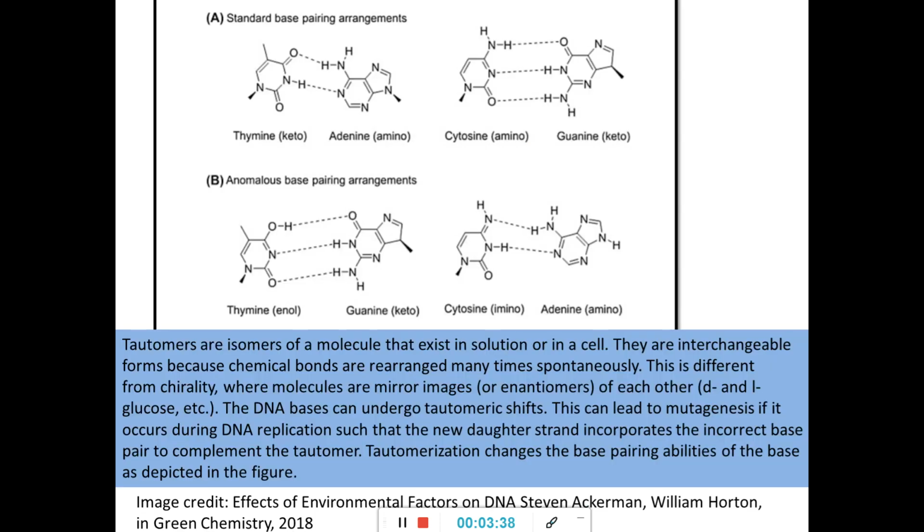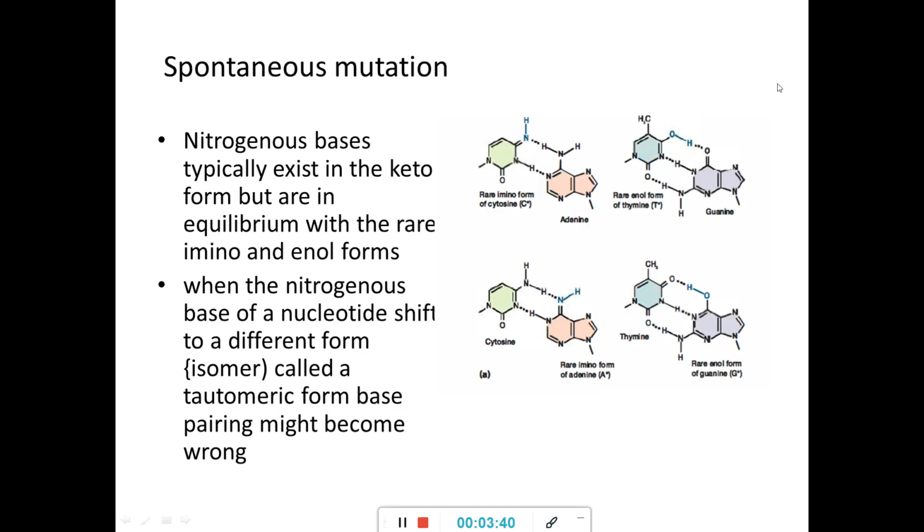If you want to go to the details of that, just look here. The normal form of occurrence of nitrogenous bases is mainly the keto form. But sometimes a rare imino and an enol form can happen. These are the rare imino and the enol forms which have been depicted here.